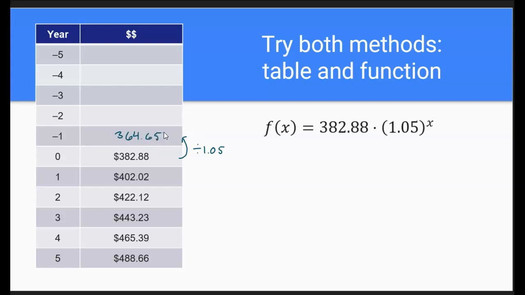Pause the video, see if you can fill in the rest of those, and then unpause, see if we get the same numbers. So 364.65 divided by 1.05, I get 347.29 when I round. We go up again and divide by 1.05. $330.75.